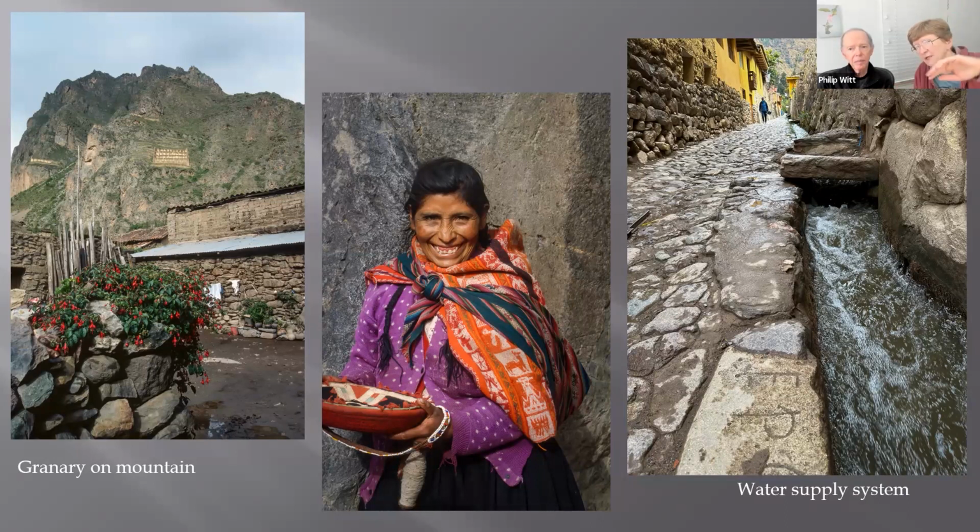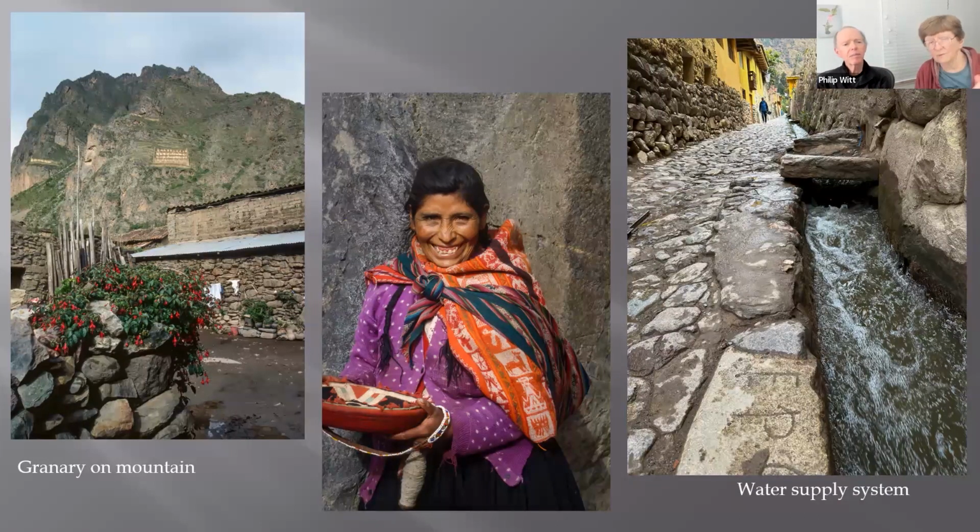Now the stuff above, that looks like cement, that was built on top of what was left from the Inca time. The granary, as you can see on the left-hand side, is up on the mountain. The thinking is that if there were battles and marauders coming in, it would be harder for them to steal all the grain.